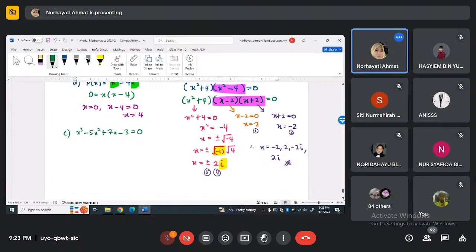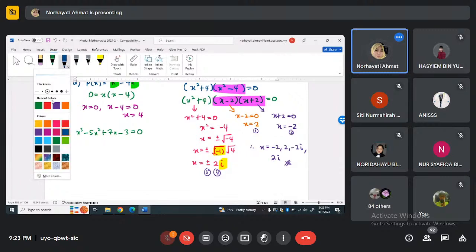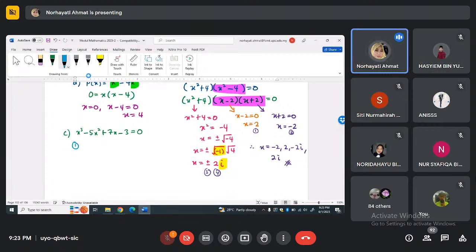Okay, so you need to follow this step. Okay, the first step, just find the terms with no x, which is negative 3. Okay, find the terms with no x. Okay, ke sini. Find constant.